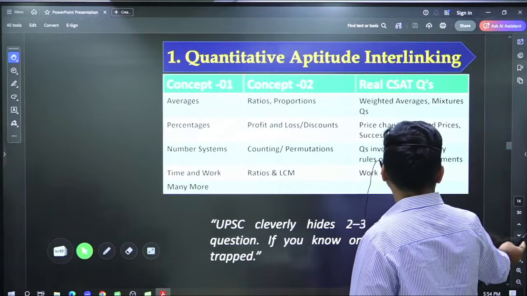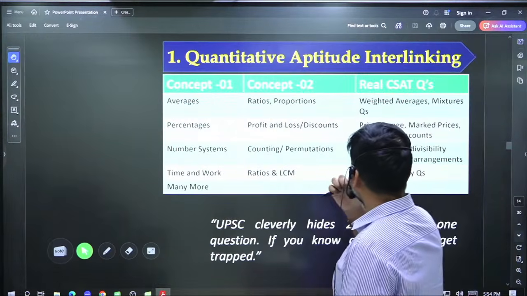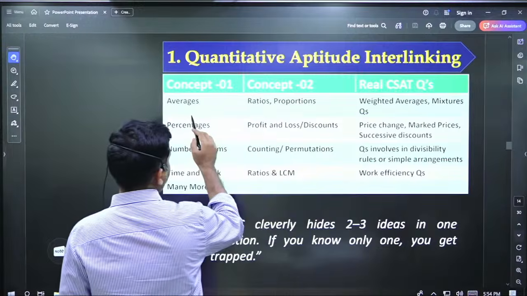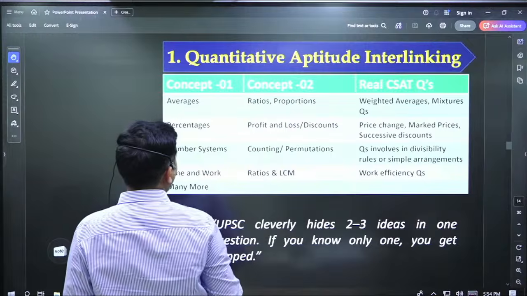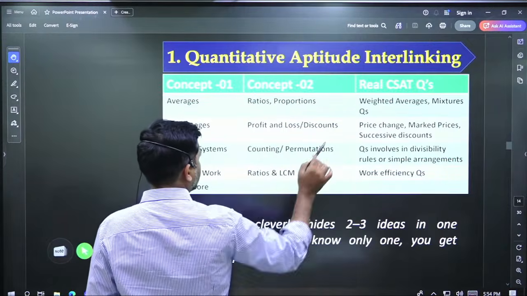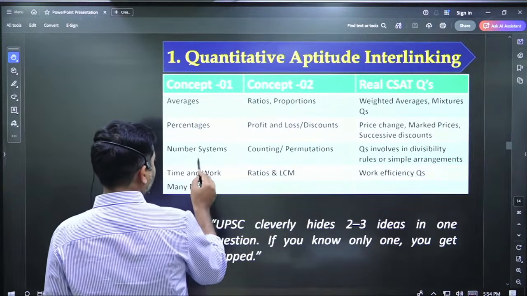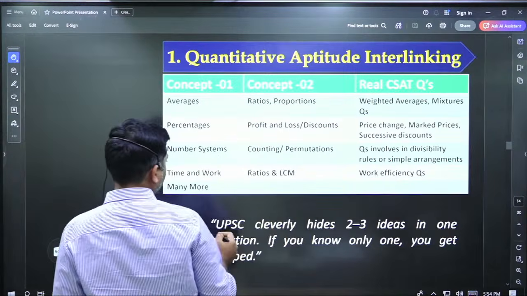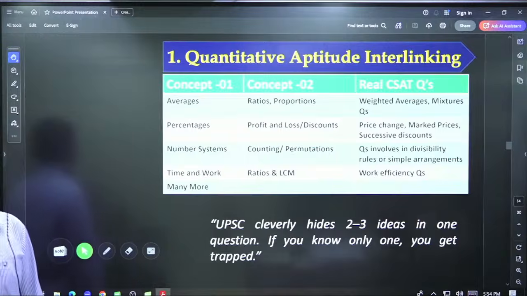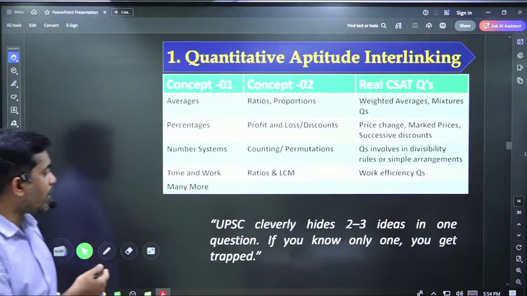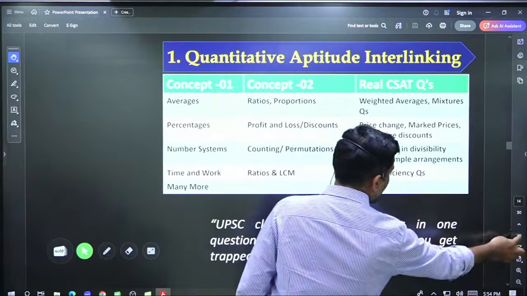Especially in some areas, they are merging averages and ratios together; percentages, profit and loss, discounts together; number systems in other chapters; and basic time and work questions also related to ratios and LCM. This is in quant, and we are discussing only a few parts.